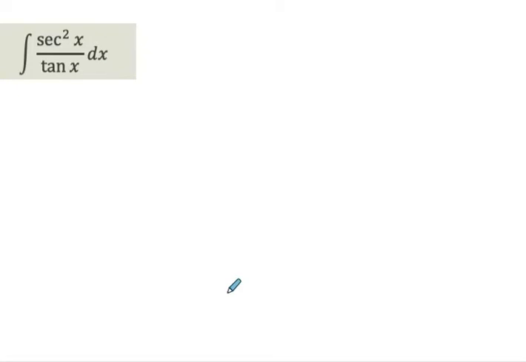Okay. What do you think? Okay, so that's, if you recognize that the derivative of tangent is secant squared, that's perfect. You say u is equal to tangent.